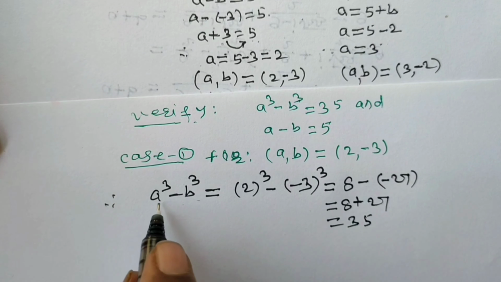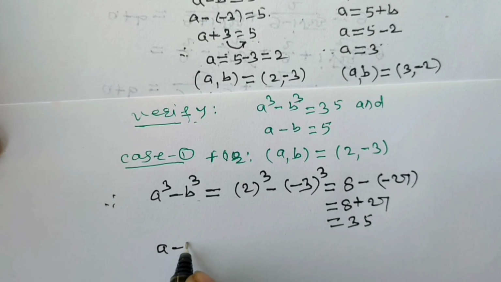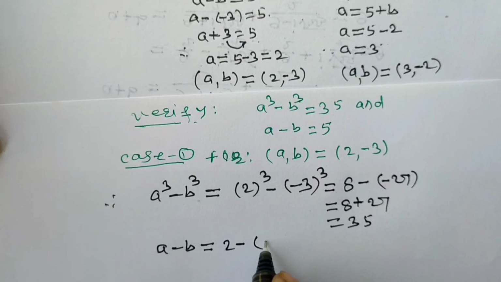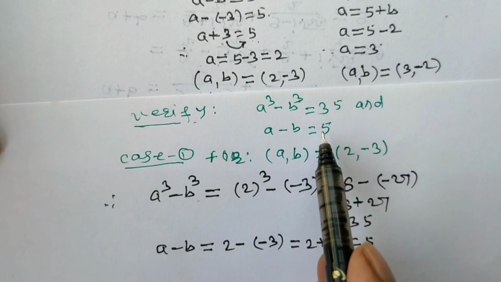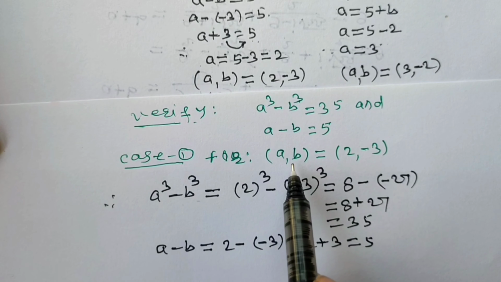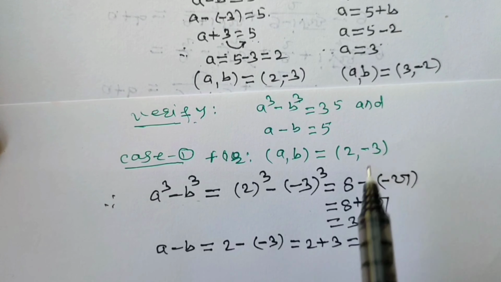Hence a cube minus b cube is 35, which is satisfied. And you know, a minus b, a is 2 minus b is minus 3, so 2 plus 3 is equal to 5. We have satisfied both these equations for the pair of values a is equal to 2 and b is equal to minus 3.